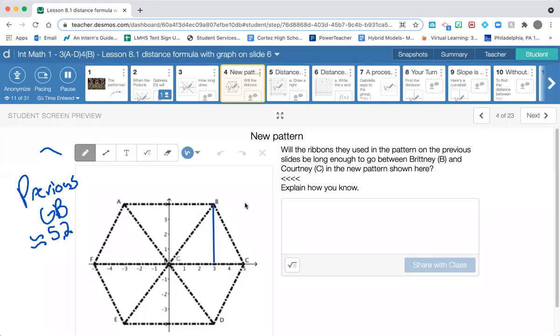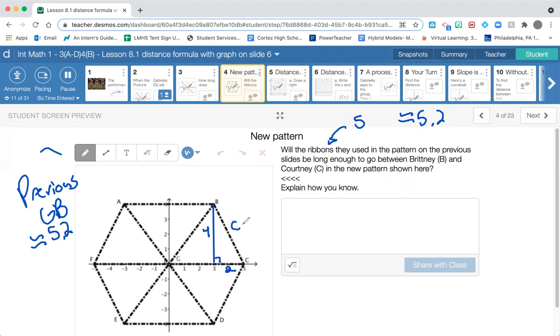So we have a new pattern seen here, and this is now asking if the previous ribbons we were using, of 5 and approximately 5.2, were going to be long enough to go between B and C in the new pattern shown here. We see B to C is now making, let's count, a right triangle of 2 for the base and 4 for this side.